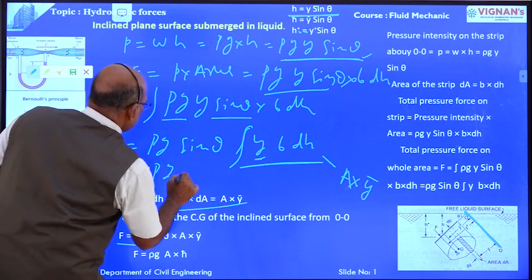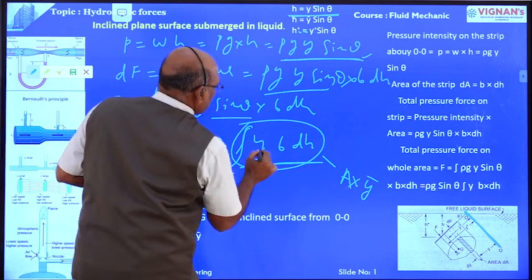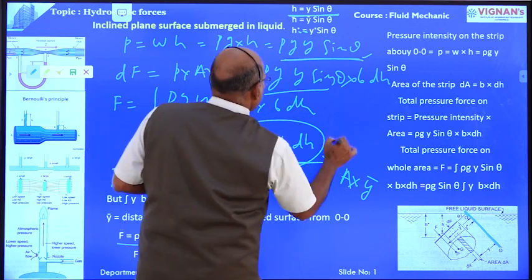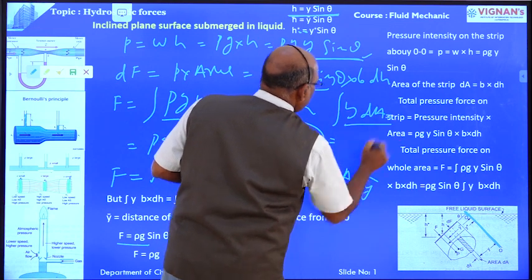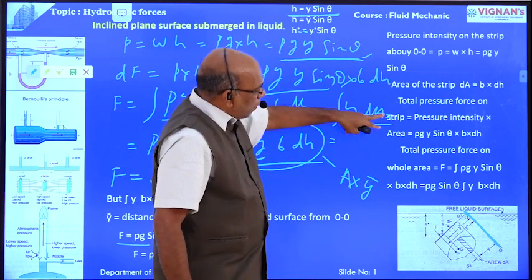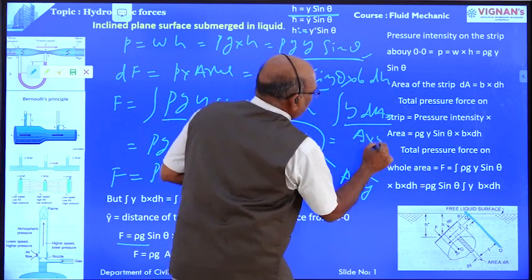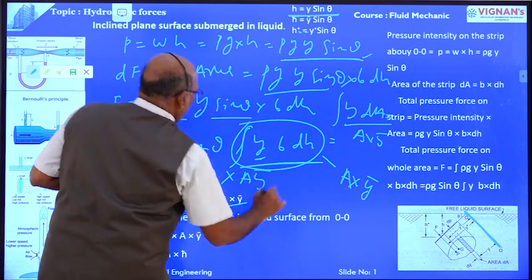This is also written as integral y dA. Y dA is the moment of area about the axis OO, therefore area into y bar.